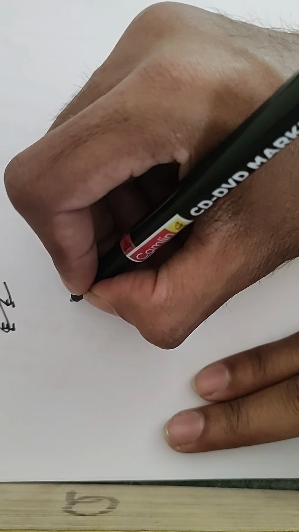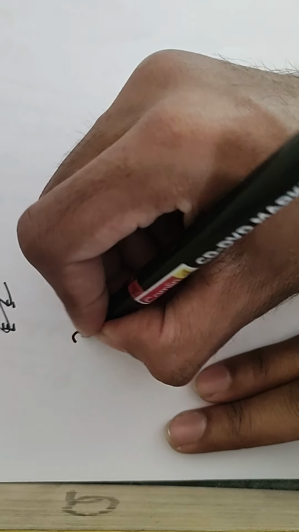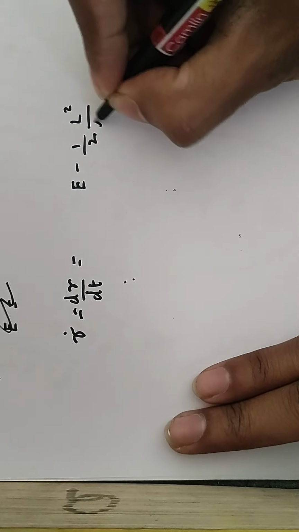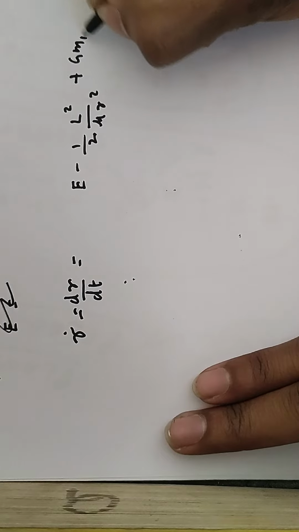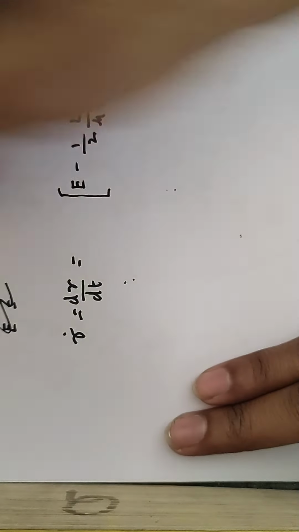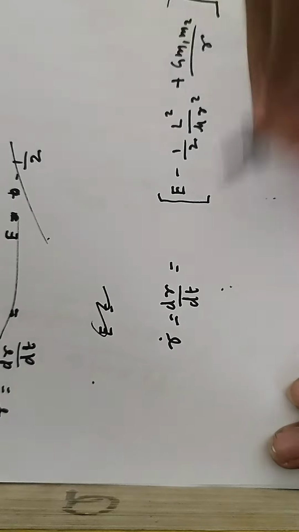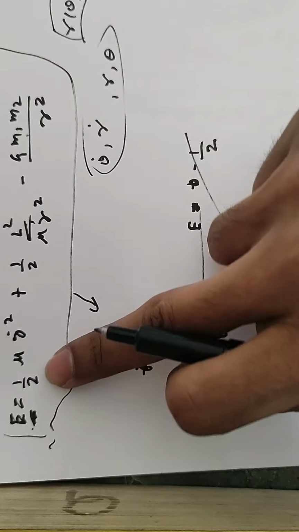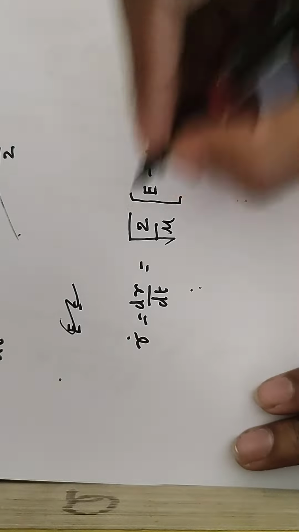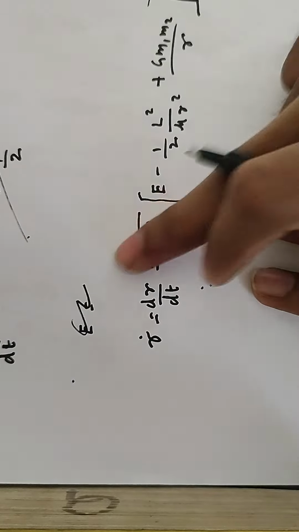So dr by dt, r dot, and this negative becomes positive, and we have r, and since we have a square over here, the 2 moves from the numerator to the denominator, and we have the square root, because we had r square.